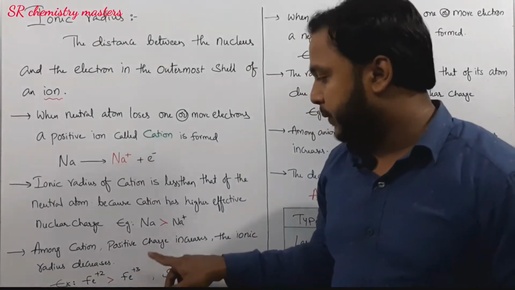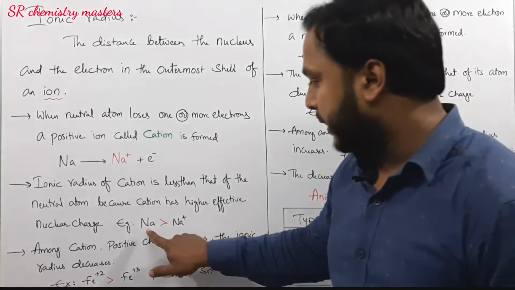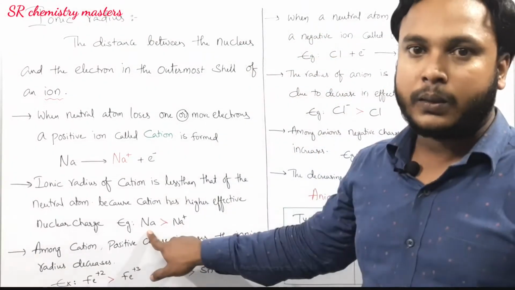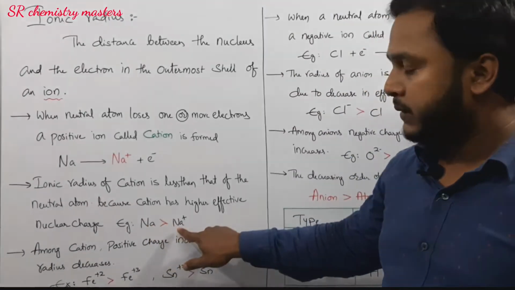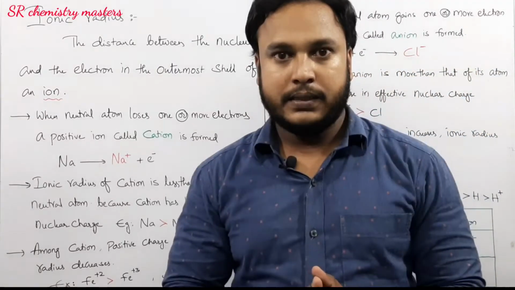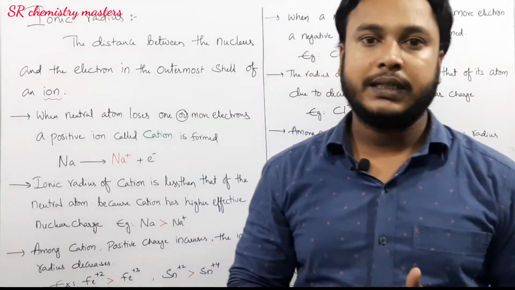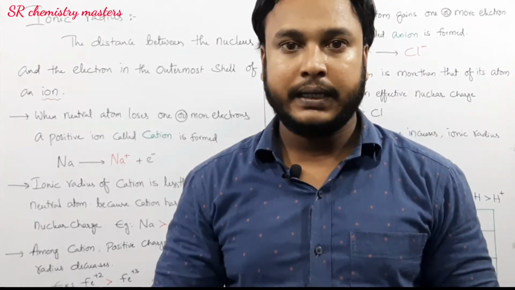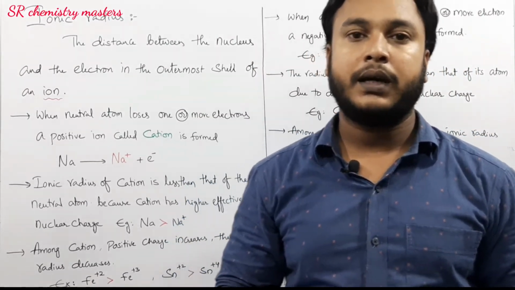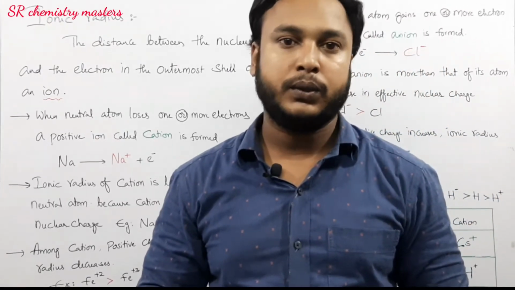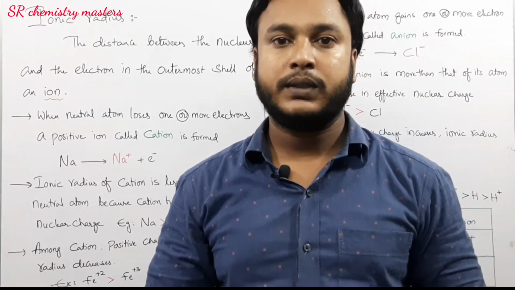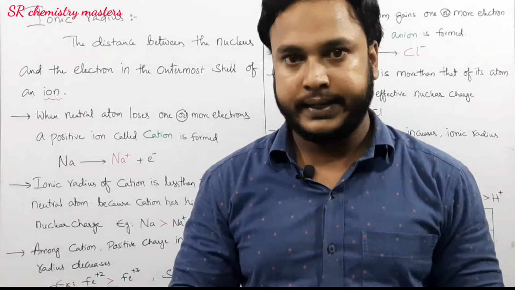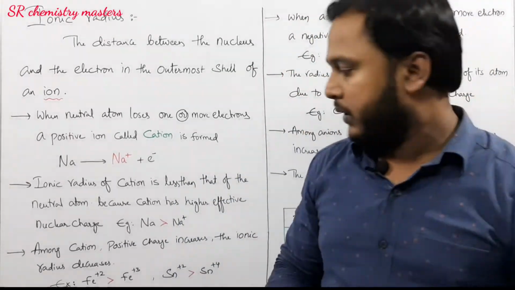Let us see an example. Always remember, the sodium atom has greater atomic radius when compared to that of the sodium ion. Among the cations also, as the positive charge increases, the ionic radius decreases. Remember, ionic radius is inversely proportional to positive charge. As the positive charge increases, ionic radius decreases. Let us see an example.